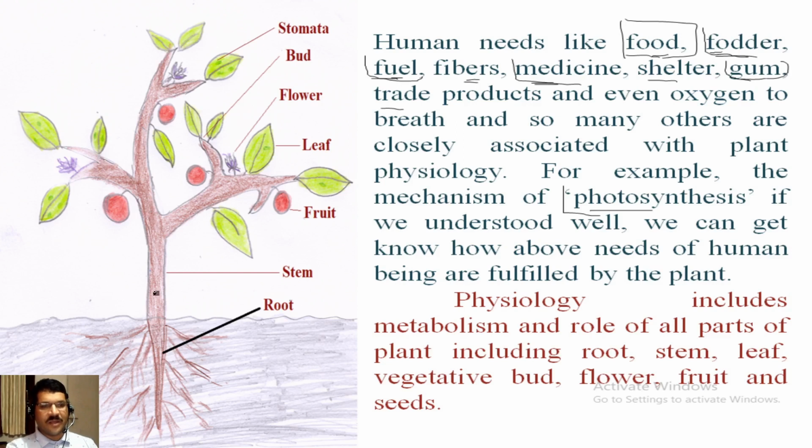The stem is a very important part of the plant which keeps the plant upright in the air. It has not only the function of support, but also the function of translocation: the absorbed water and minerals are supplied to the aerial or upper parts of the plant.